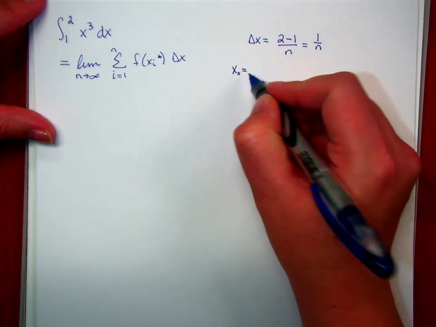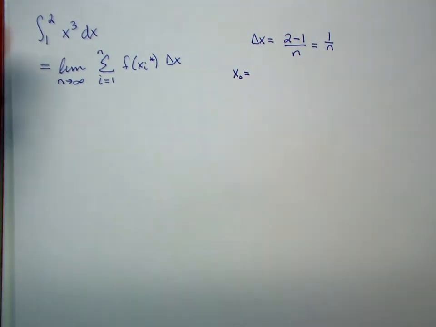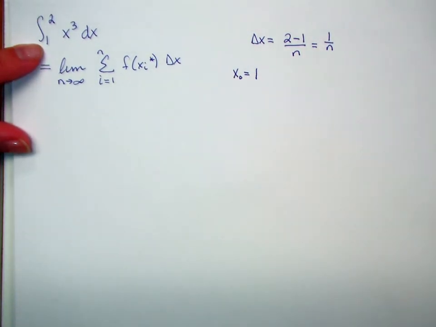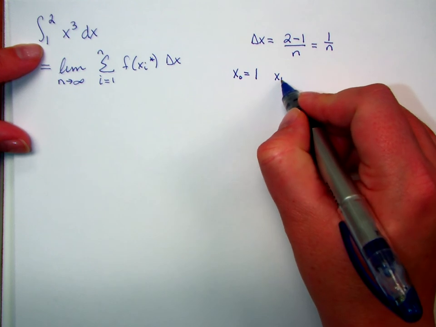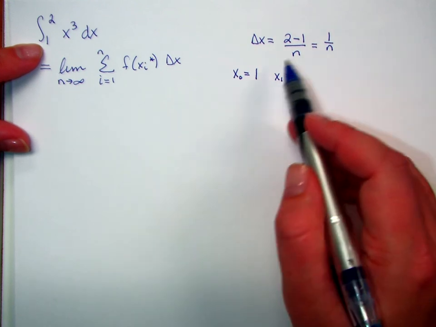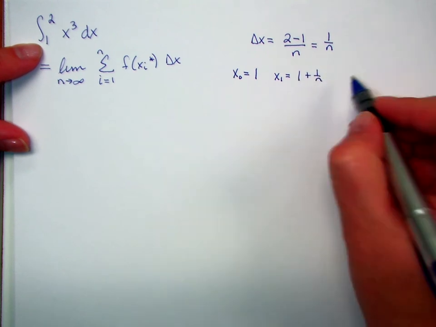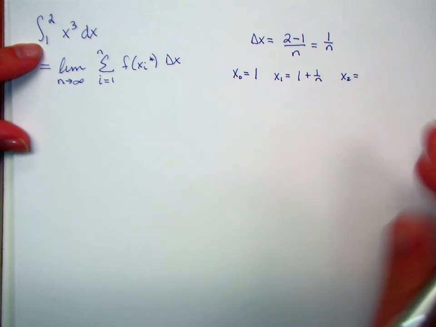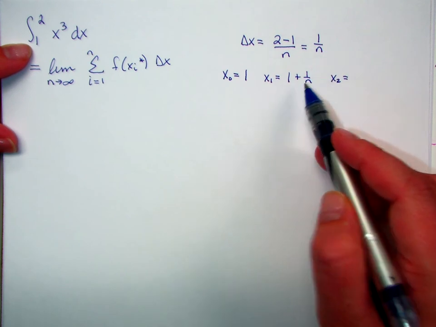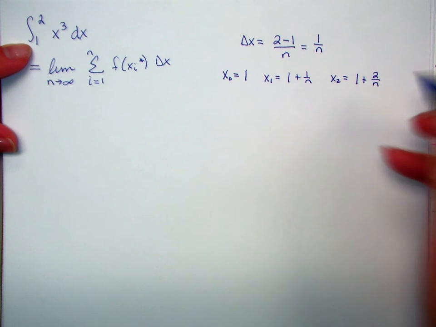So x sub 0, where does our first subinterval start? X sub 0 is always a, so we start at 1. Then x sub 1 is delta x units away from x sub 0, so we get 1 plus 1 over n. X sub 2 is 1 over n units further, so 1 plus 1 over n plus 1 over n gives 1 plus 2 over n.